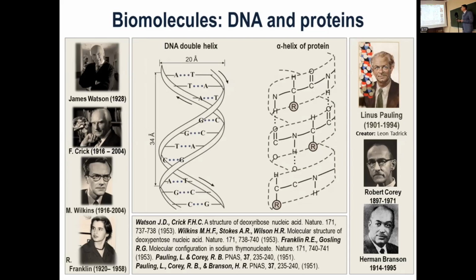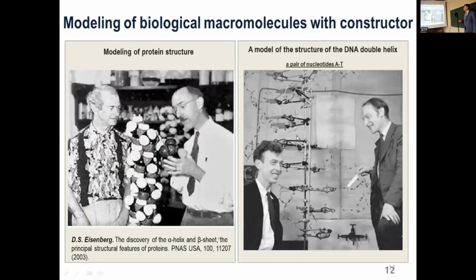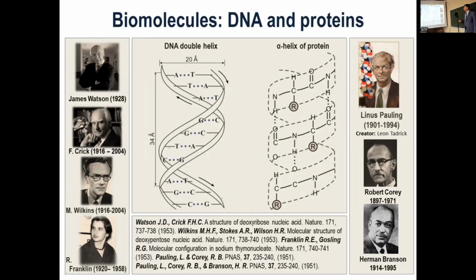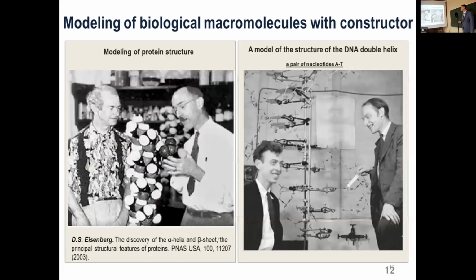And in the case of proteins, we have a polyamino acid chain, which also is shaped as a helix. It is right-handed, and it is also stabilized with hydrogen bonds.